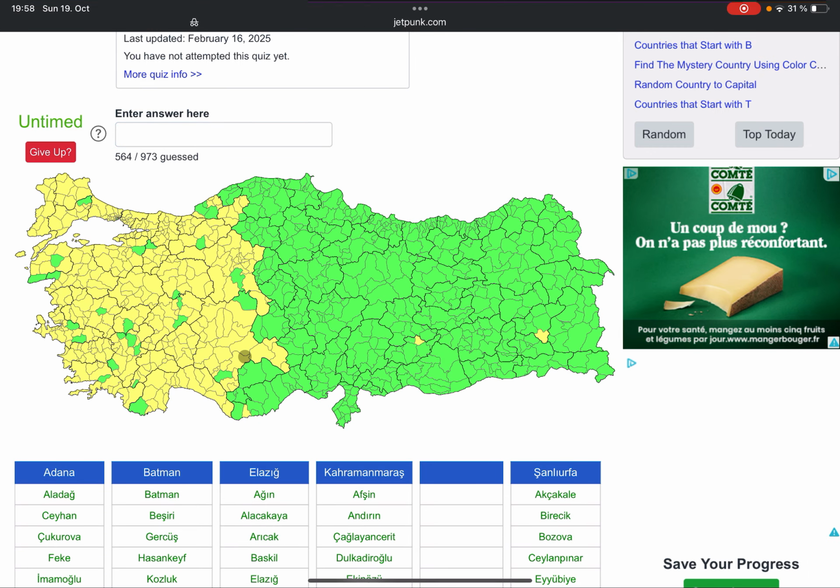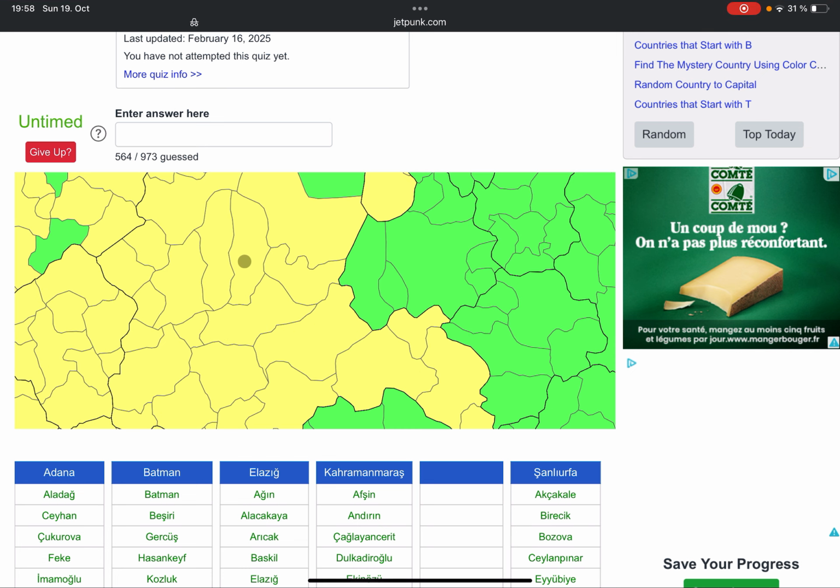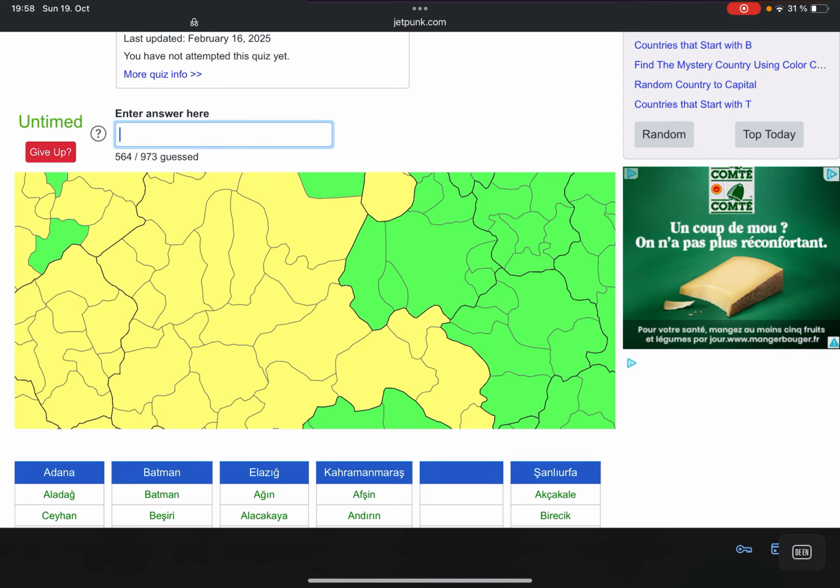Alright, let's just do this big one over here, the province of Konya. And yes, it's also one of the major cities of Turkey. It's divided into several districts. One of them is Meram, Selçuklu, and Karapınar. Karatay.